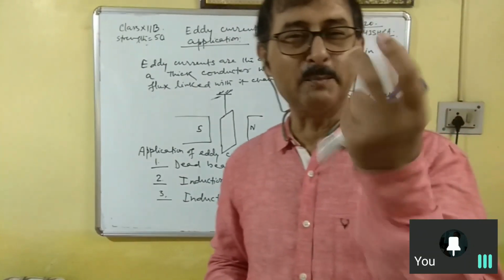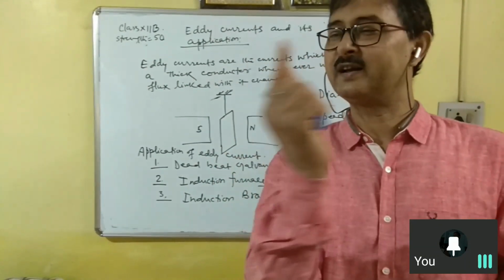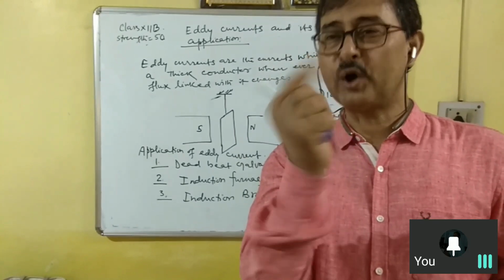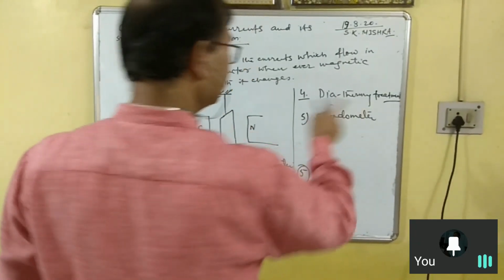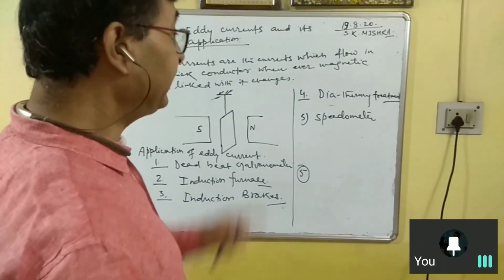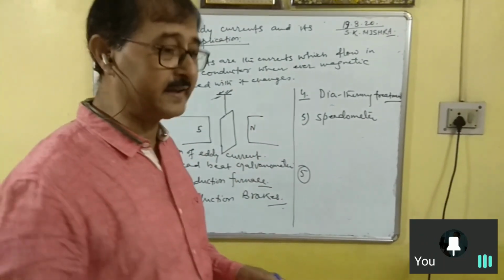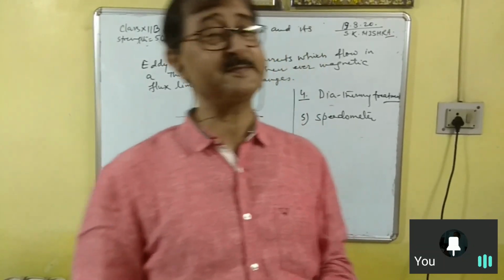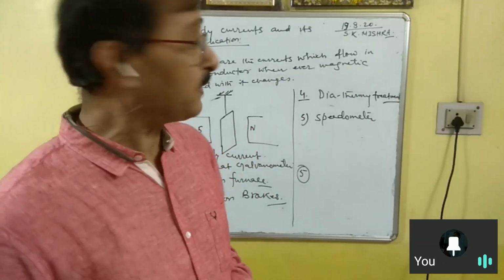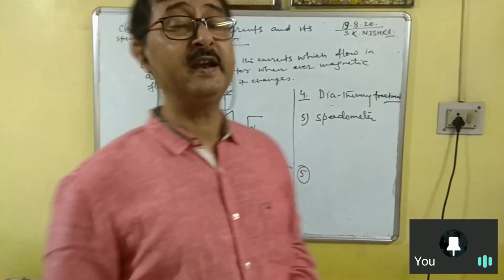That metallic aluminum disc is rotating because of the eddy current. Now, in a speedometer, which you might have seen in vehicles, used to measure the instantaneous speed, that also works on the phenomenon of eddy current.